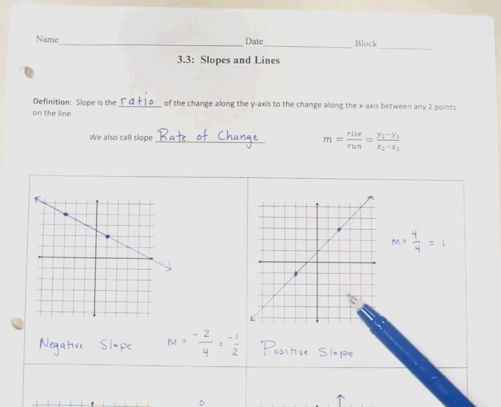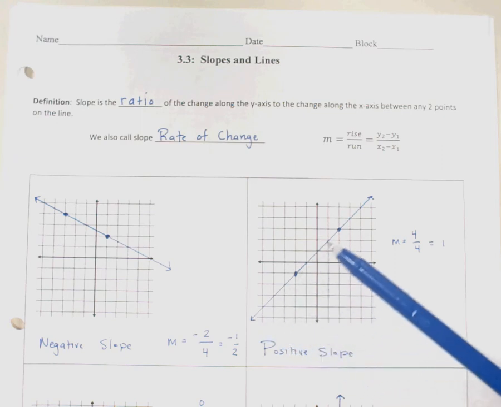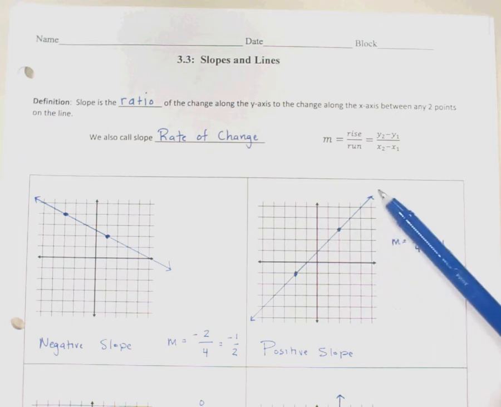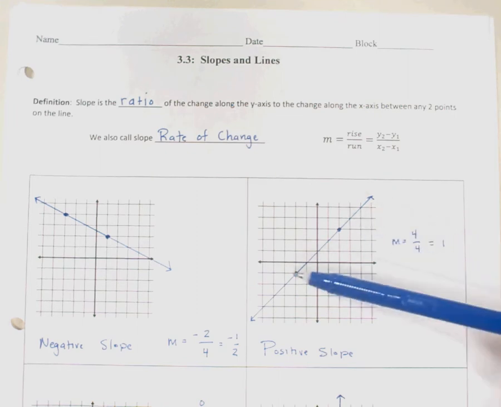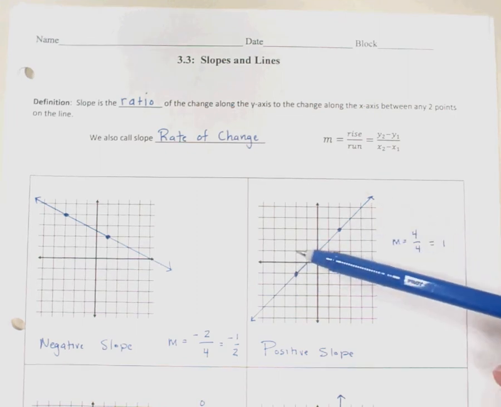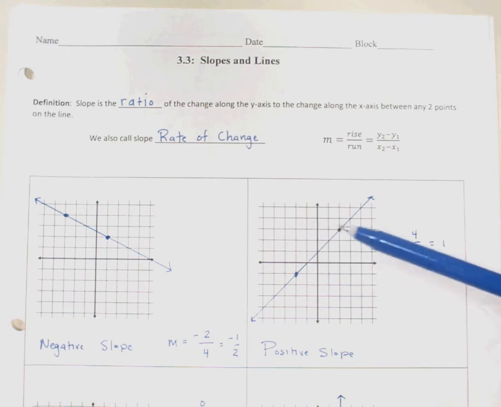Moving on to the picture on the right, this is an example of a positive slope. If you follow the line as you move from left to right, positive slopes go up. When you find the slope of the line by counting rise over run, both the rise and the run should move in the positive direction. So here I'm going to go up 1, 2, 3, 4, and to the right 1, 2, 3, 4.